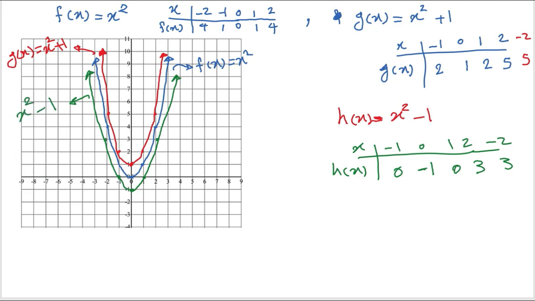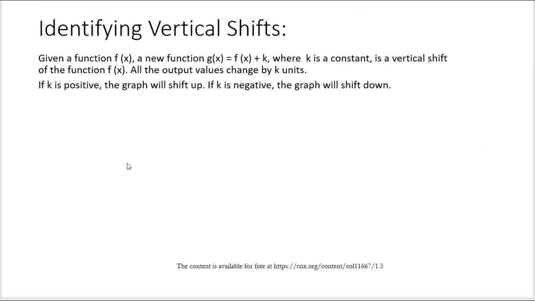You can see this was x squared, x squared plus 1. I shifted 1 unit up. And x squared minus 1, I shifted 1 unit down. So if I write it as f of x plus k, if k is positive, I shift the graph up k units. And if k is negative, I shift the graph down k units.